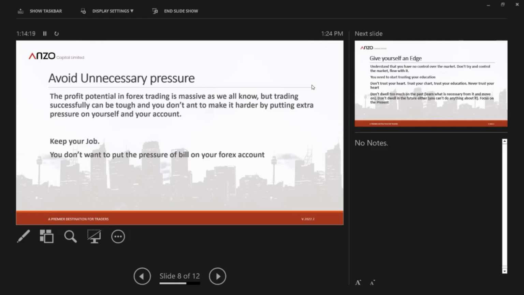Do you understand? In the same way, if you put all of that pressure on your account, you collect money meant for your school fees or your house rent and say, I'm going to try and double this money, with that kind of expectation, you're going to struggle.